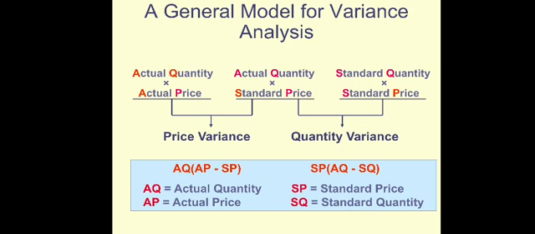That's the formula for the dollar variance. When you want to calculate quantity variance for your cost, the formula is SP times (AQ minus SQ). SP is the standard dollar, AQ is the actual quantity, and SQ is the standard quantity.